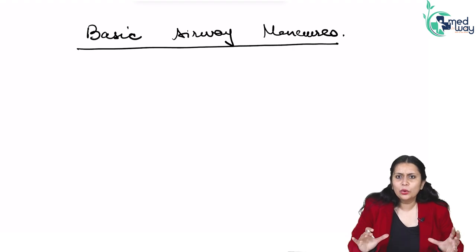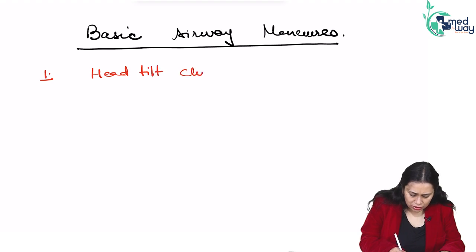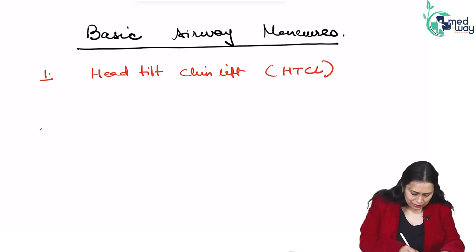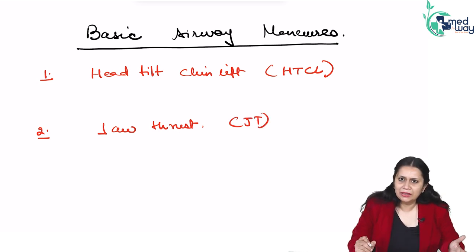To prevent that, we need to open the airway. So two important basic airway maneuvers we need to know about are head tilt, chin lift, and the second maneuver would be jaw thrust. Both these maneuvers are used to open the airway, maintain the patency of airway.